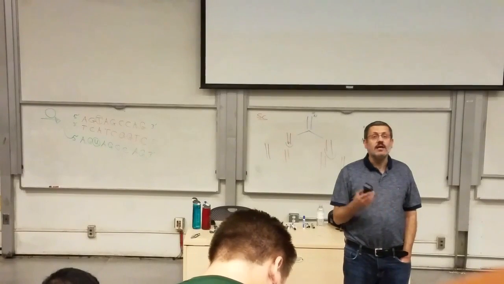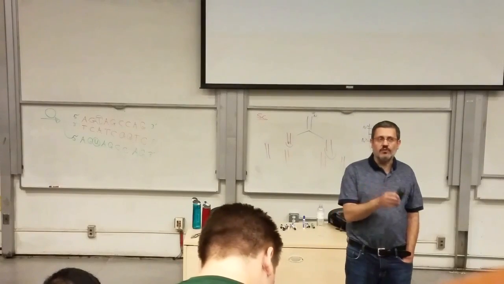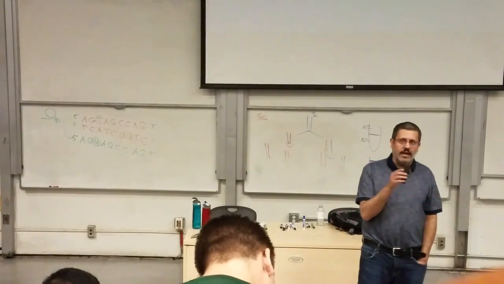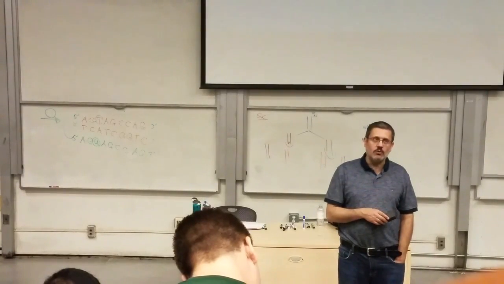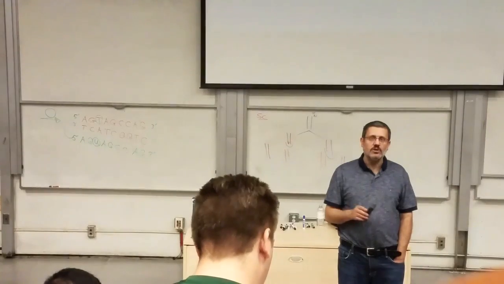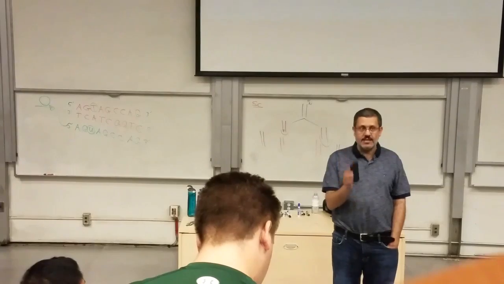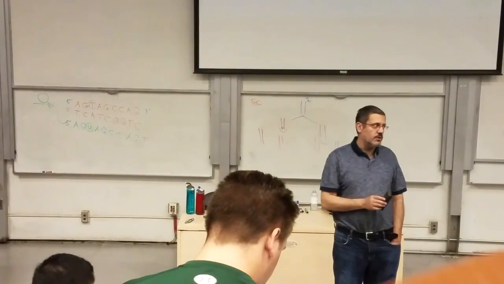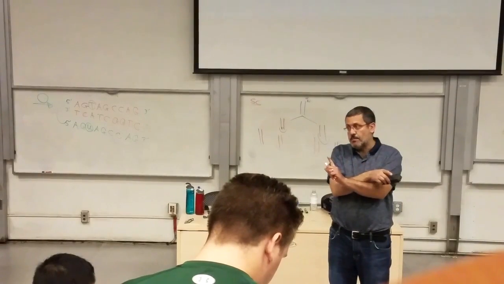True or false: a degenerate code refers to the concept where a single codon can represent more than one amino acid. So again, the degeneracy of the code refers to the fact that a single codon can give you more than one amino acid, true or false. False is the exact opposite.